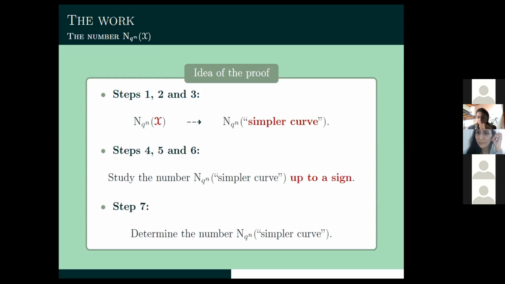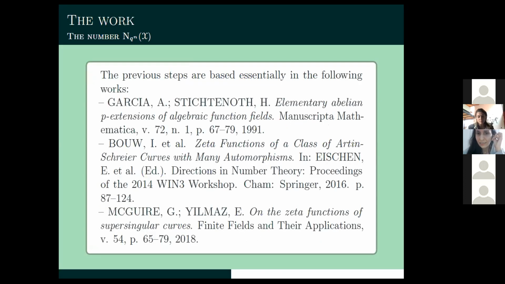The first one, we consider a subcover of the generalized Suzuki curve, and then the other one, we consider a result that is provided in this paper here. And here I put the basic reference for our calculation of this theorem.